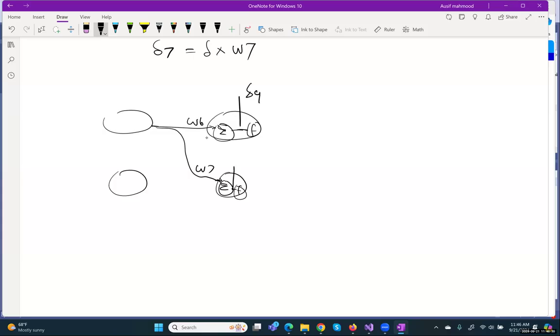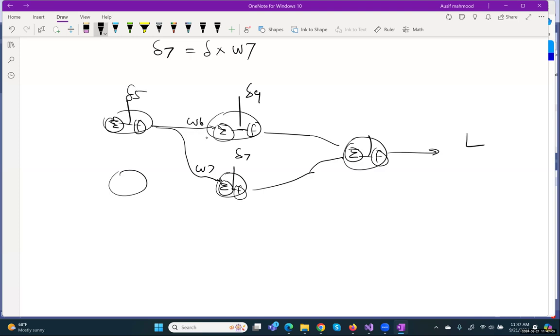Suppose over here I have delta 7. And then these go further, let's pretend, to some neuron over here. And then some loss over here. And let's pretend suppose this is delta 5. So now the question is, how is delta 5 related to delta 9 and delta 7?